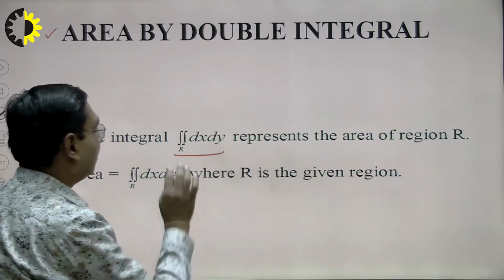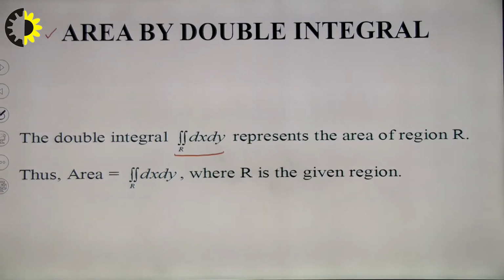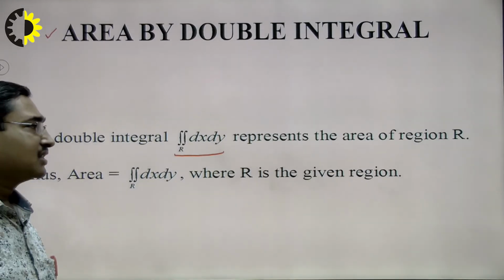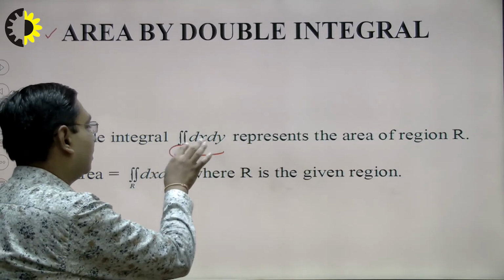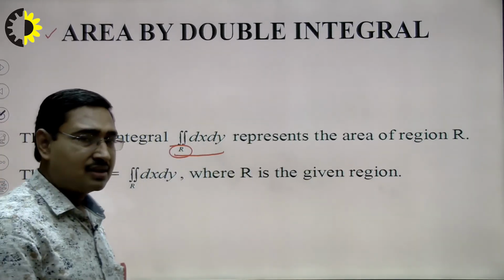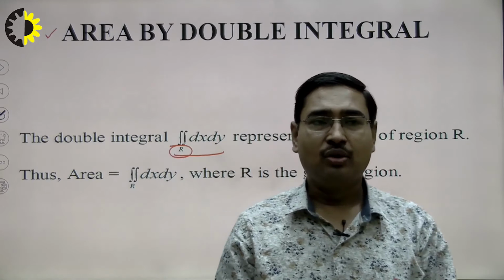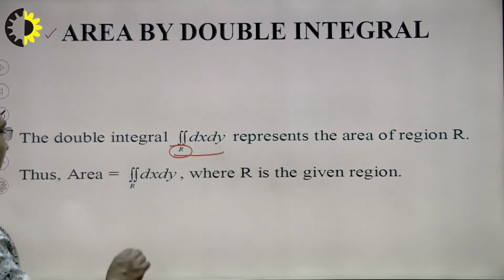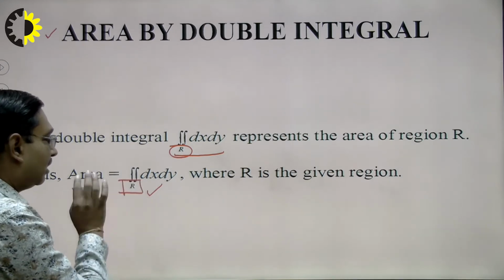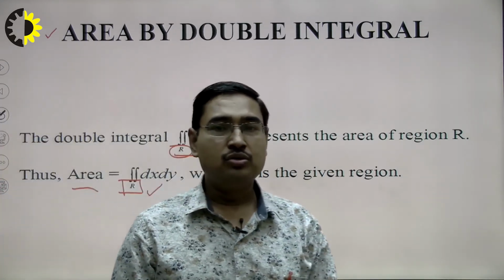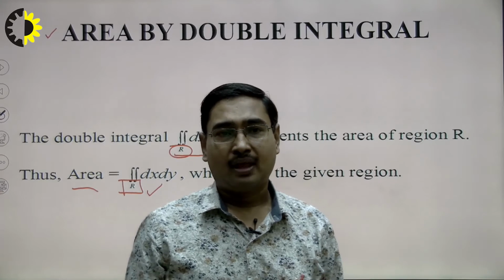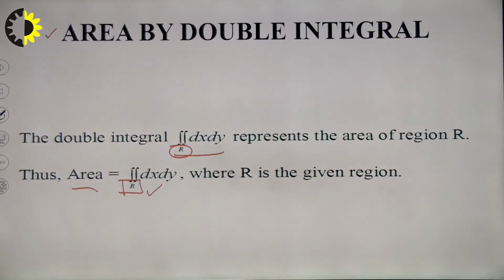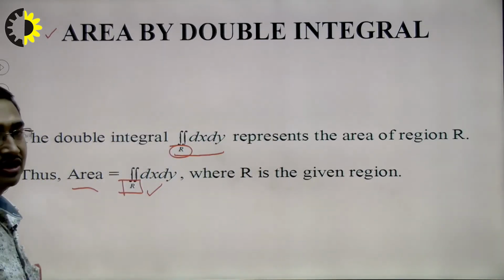This double integral over R dx dy represents or gives the area of the region R. Thus, whenever I want to calculate the area of a region R, we will simply use this double integral to find the area, and the limits will be calculated for that region whose area is to be calculated. Applying those limits, we will get the area of the region.